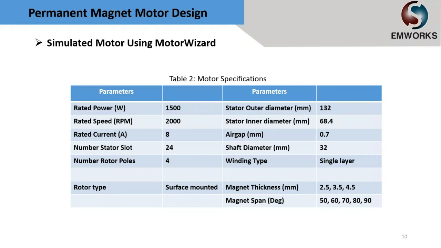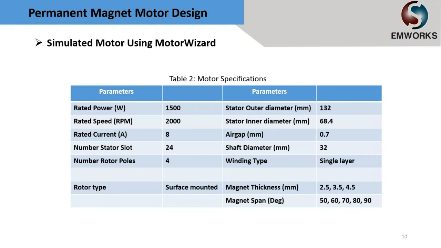There will be two studies here. First, 3 different magnet thicknesses will be studied, which are 2.5, 3.5, and 4.5 millimeter. In this study, the magnet span is 70 degrees, and other specifications and geometries are kept constant.